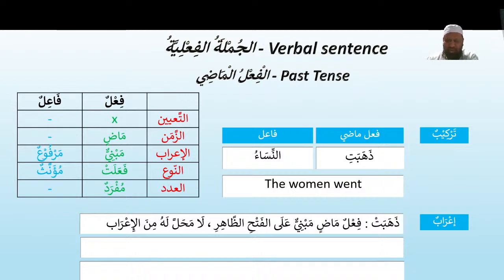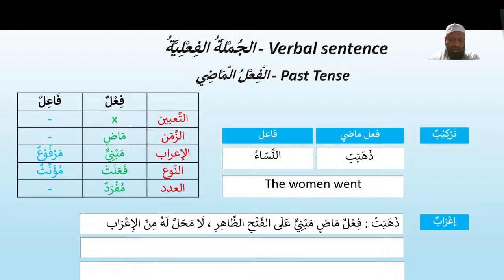As I said, sometimes فعل ماضي will have محل in i'rab, and فعل مضارع as well. We will learn those later, but for now, as we can see here, there is no عامل before it. Sometimes before فعل ماضي there is an عامل, then it will have a محل.